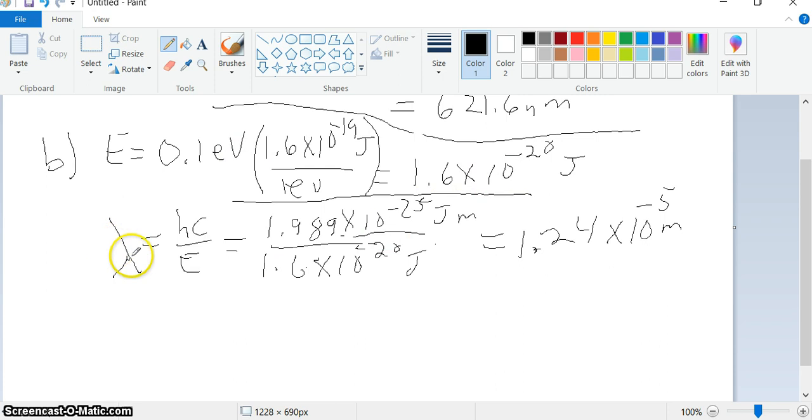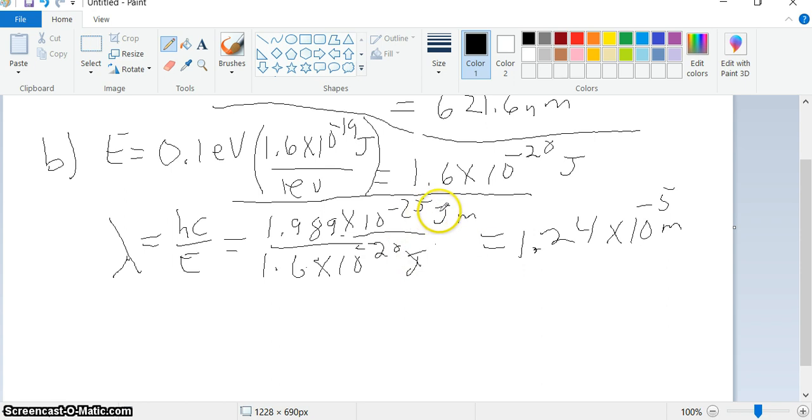And then we use this equation just like we did for part A. Lambda is equal to hc divided by the energy, and if the energy is in joules, we need to use the 1.989 times 10 to the minus 25th joules times meters, so our answer will come out in meters, because the joules cancel.